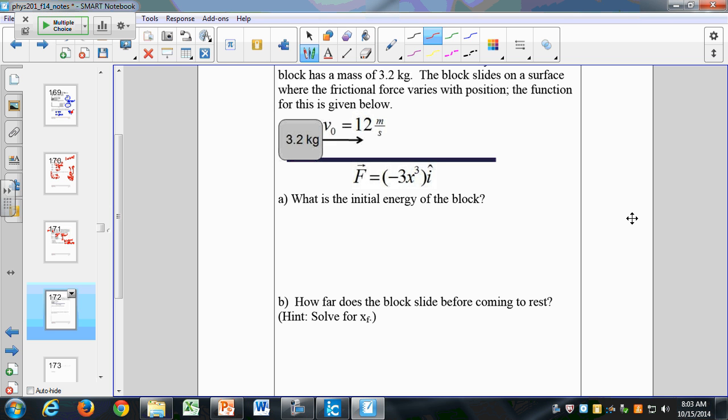It's all kinetic energy, by the way, right? I have it. This block's moving along at 12 meters per second. Courtney, you have it?